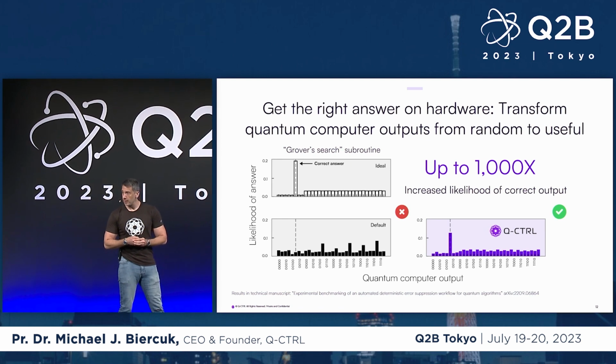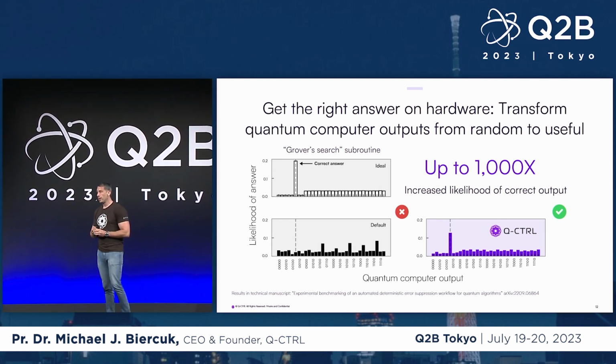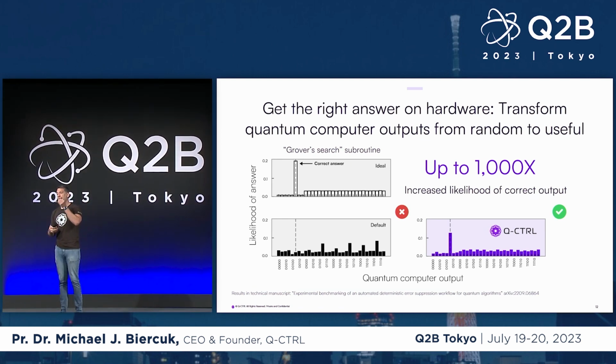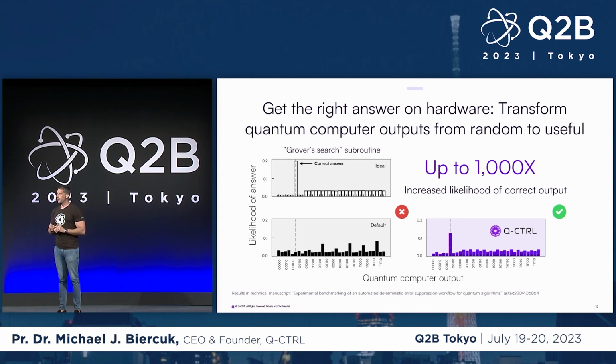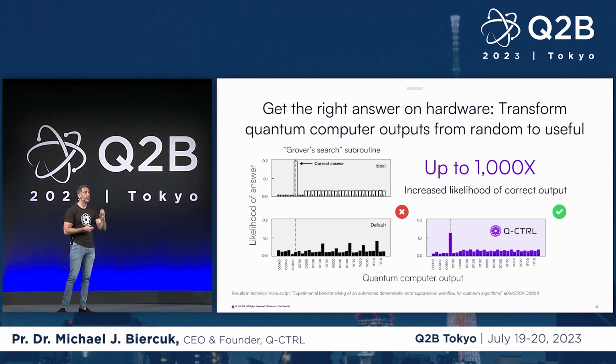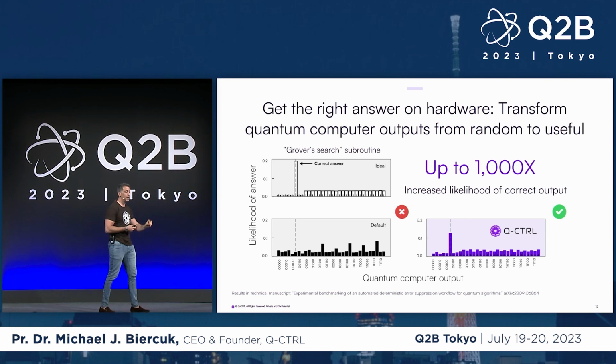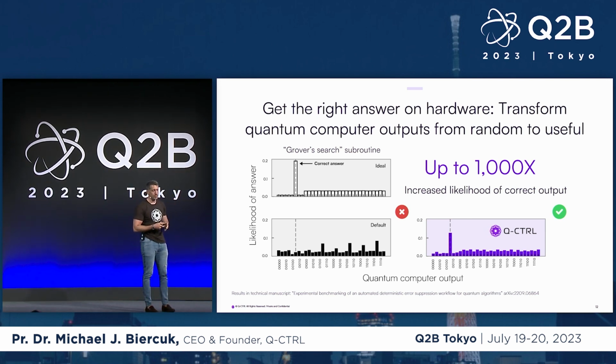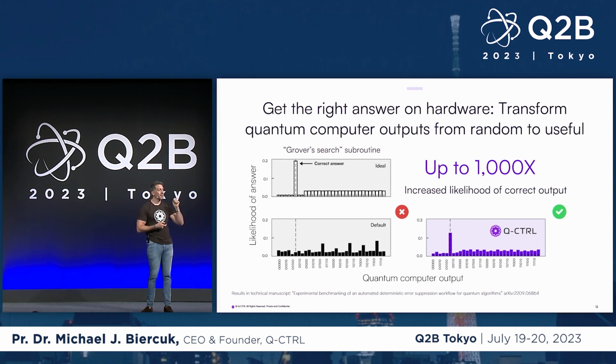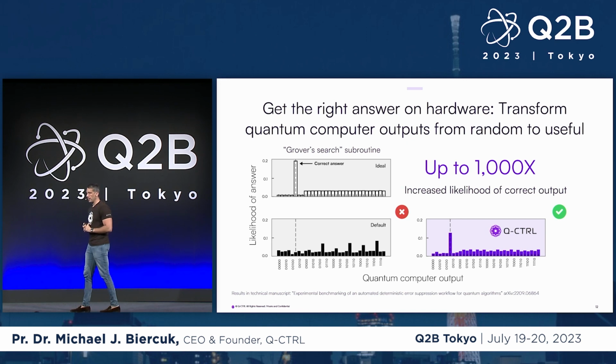These are real data taken from a real quantum computer, and they're indicative of the fact that this is a binary transformation. The machine goes from giving useless output to giving you the right answer. The likelihood of getting the right answer increases more than 1,000 times, depending on the individual algorithm being studied.